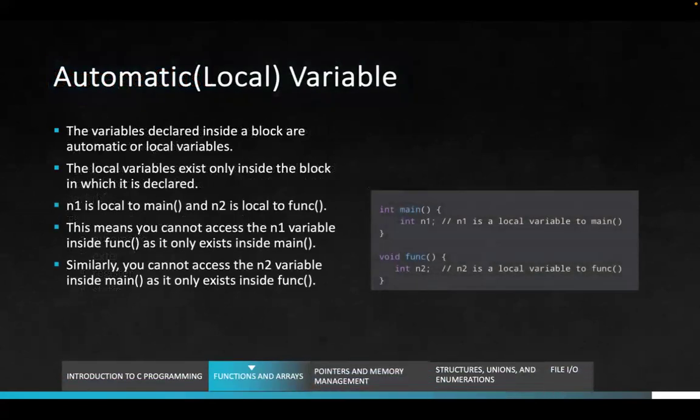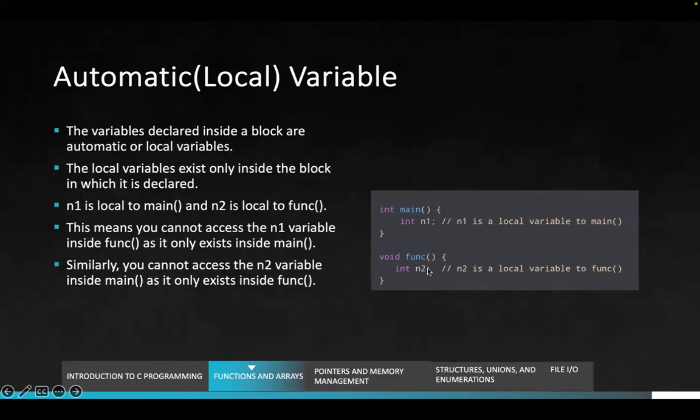First one, automatic. This is also called a local variable. The variable declared inside a block is automatically considered a local variable. Let's say you have n1 and n2 variables which are present inside a function.